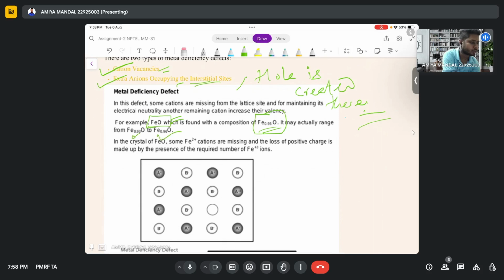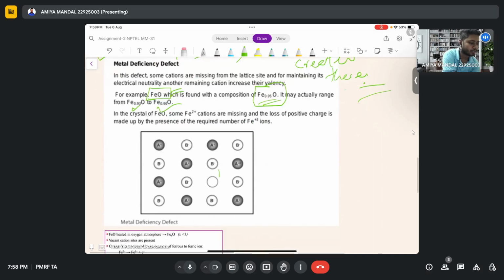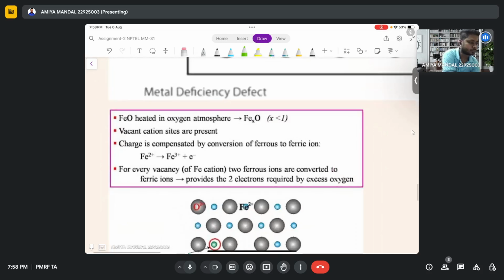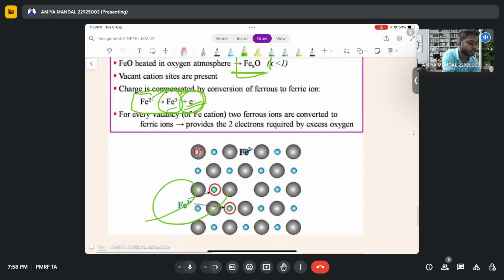You can see this is the iron deficiency. Iron is missing and one hole is there. Electron is moving and Fe3+ is occupying the Fe2+ site, providing 2 electrons required by the excess oxygen.